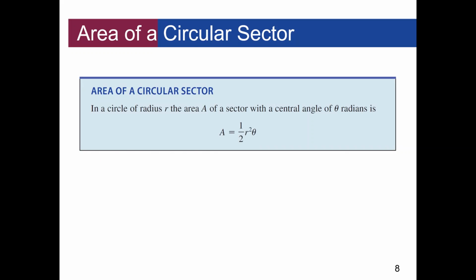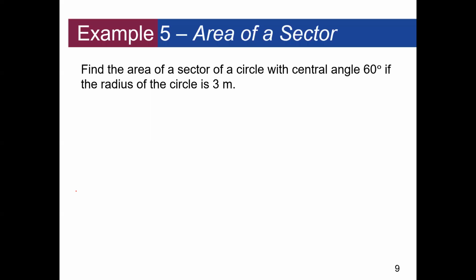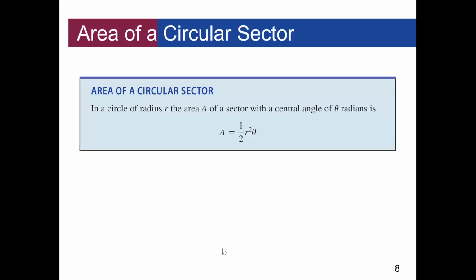Let's say you have a circle of radius r, and this is the angle theta. This time what we want to do is compute the area of this slice. You can call this a slice, and it's called a sector, the area of a sector, OAB. So we want to find this area here.